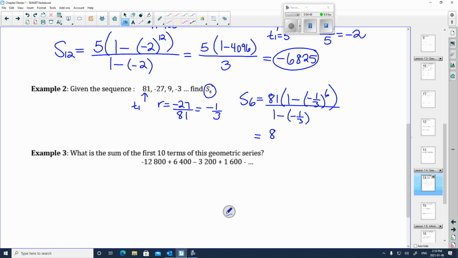So I get 81, 1 subtract 1 over 729 divided by, and then 1 subtract negative 1/3 is 4/3. So if you punch that all in, you get 182 over 3.